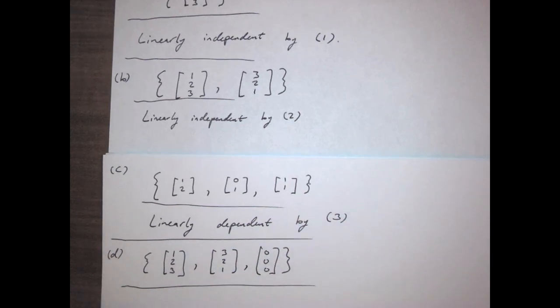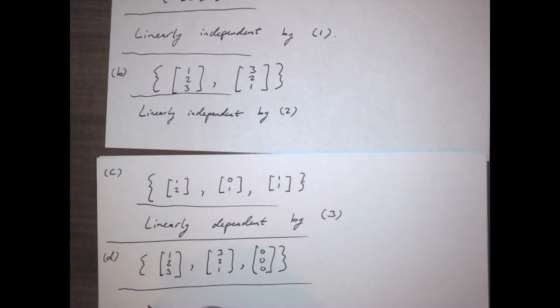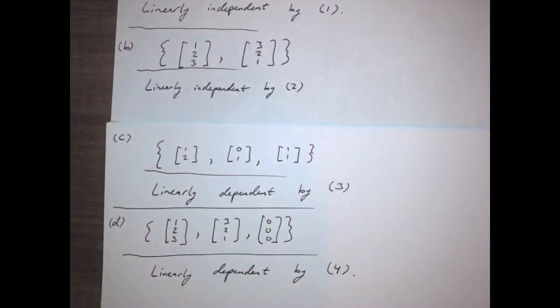And here we've got the 0 vector amongst our collection, therefore our collection is linearly dependent. Okay, so this is just a working example of each of the 4 properties in action.